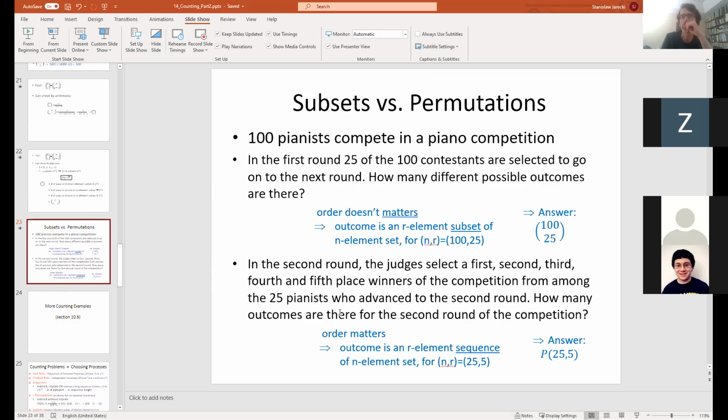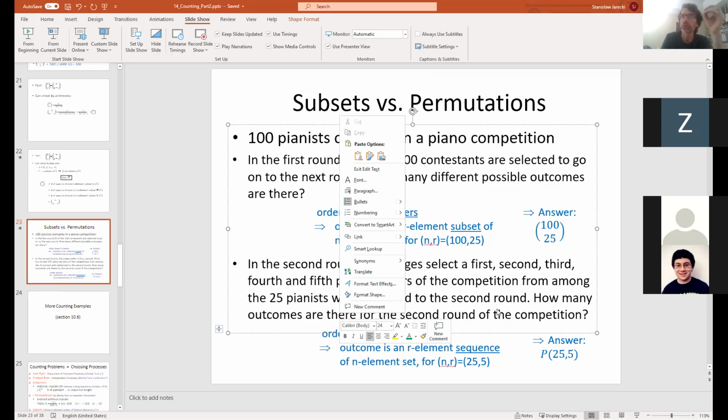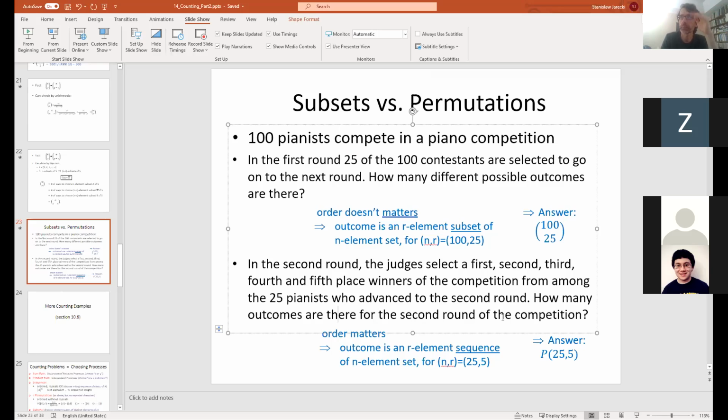But what if in the next stage, there's 25 of them, and now you actually choose first, second, third, fourth, and fifth place? So it's not 25 choose 5, which would be unordered, but it's a permutation now of 5 elements from 25 in an ordered way.